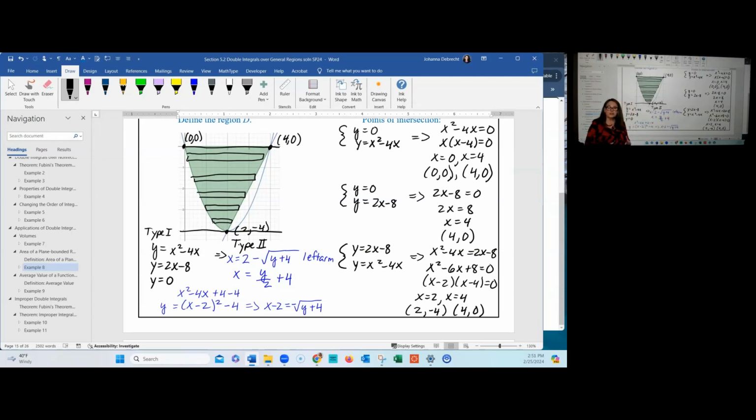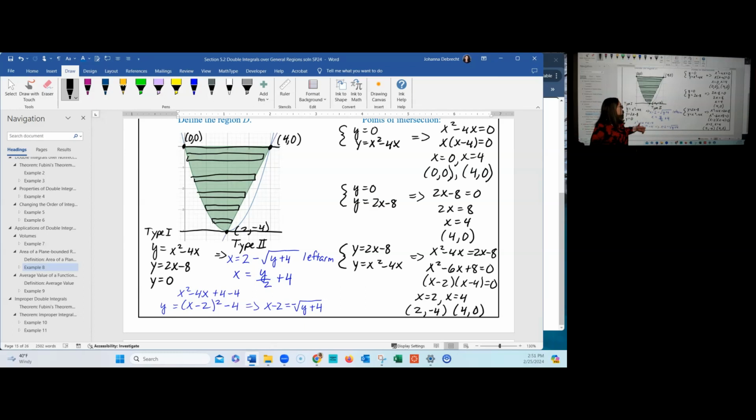That is going to be more difficult to work with in integration, but of course it is possible and we'll do it. We'll take the line y equals 2x minus 8 and solve for x to get y divided by 2 plus 4. Now that we have these, what will the outer integral go with respect to?